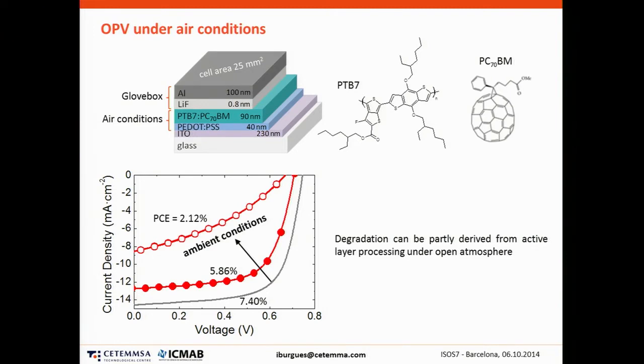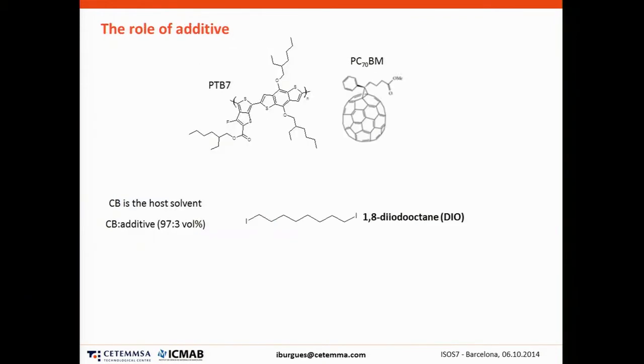And this morning, Dana also told us that PTV7 is indeed unstable in air, but it is also known that the processing additive used for this material system is also unstable. So although we use small quantities of this additive, the diode's instability may also contribute to the faster degradation.